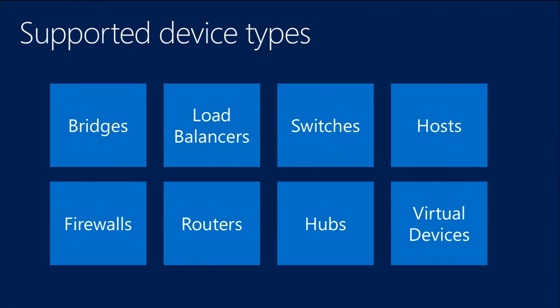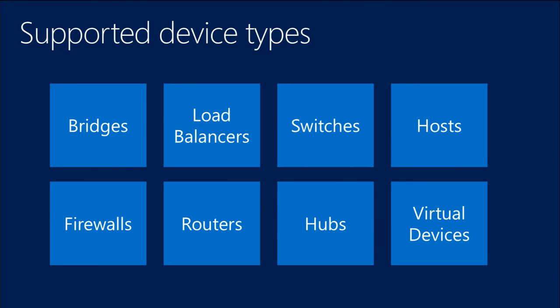Now, what do we support? We support all types of devices, and by no means is this a full list, but we do support things like bridges, load balancers, switches, hosts, firewalls, routers, hubs, and more importantly, with SP1 we support virtual devices, meaning the virtual switches and virtual ports you get with Hyper-V network virtualization, which is a key aspect you might want to monitor to see the performance of your network there as well.